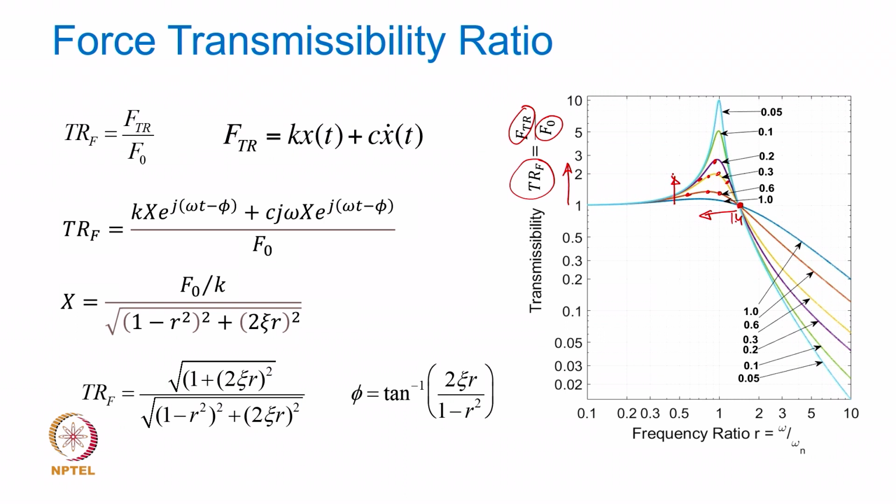If omega is less than omega n roughly, for all the values of operating speed, the transmitted force is more than the excitation force, because this ratio in this range is greater than 1. You can notice that up to this point, irrespective of the damping in the system, all the points have a higher level of force transmitted to the foundation.